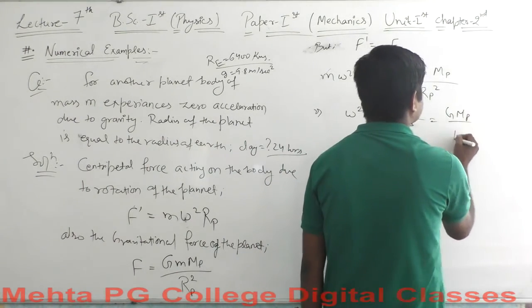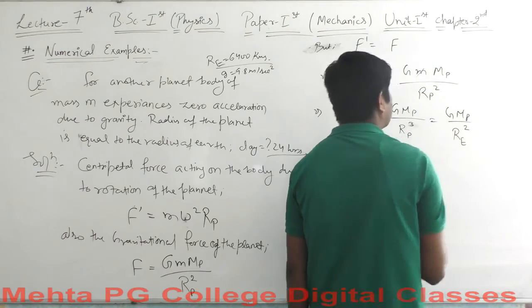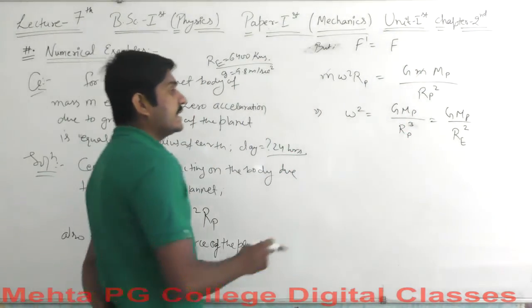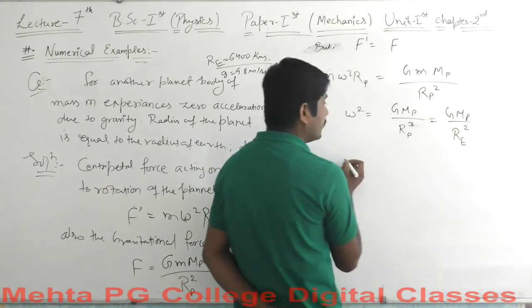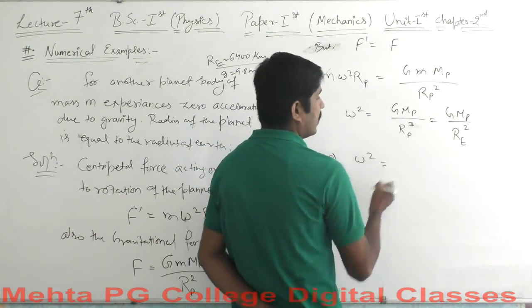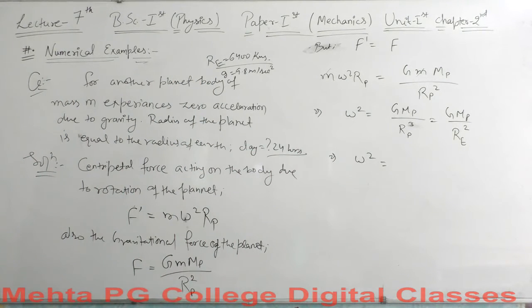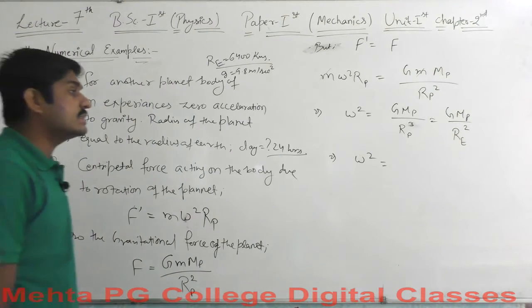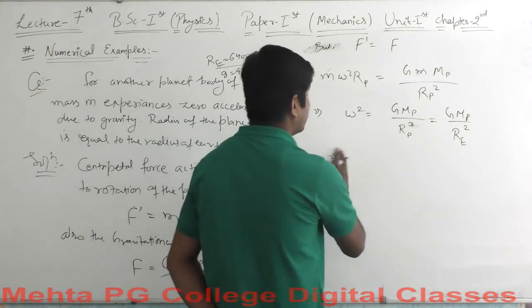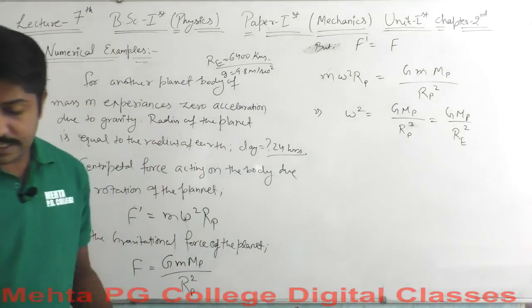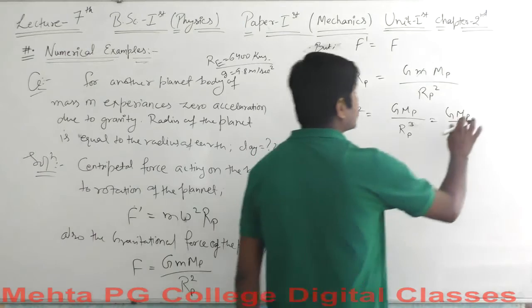G mp remains the same, and rp can be said to be re square, because it has been said that the radius of the planet is equal to the radius of the earth. It has also been given that mp is equal to me.